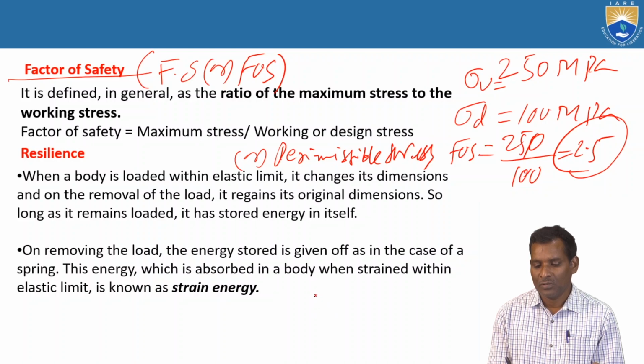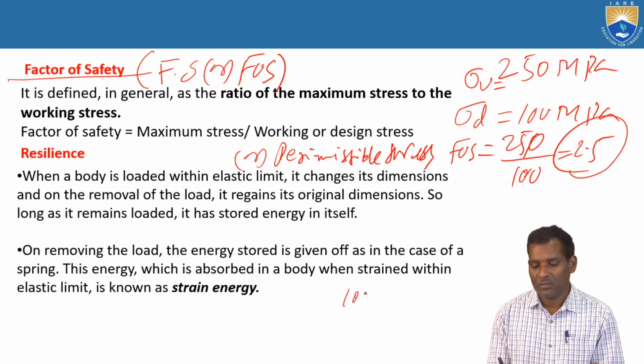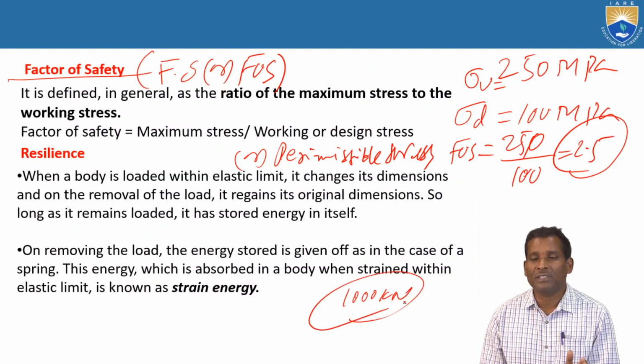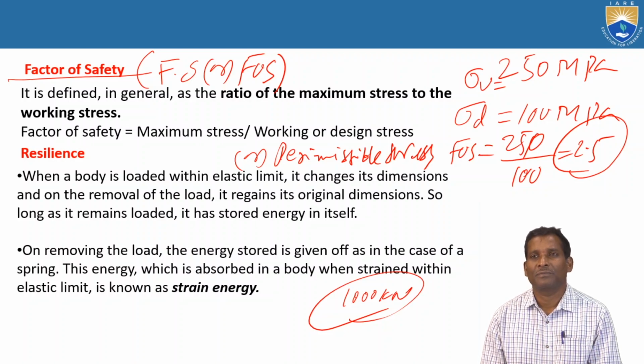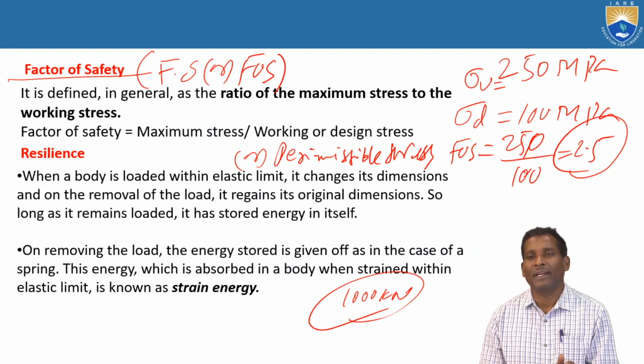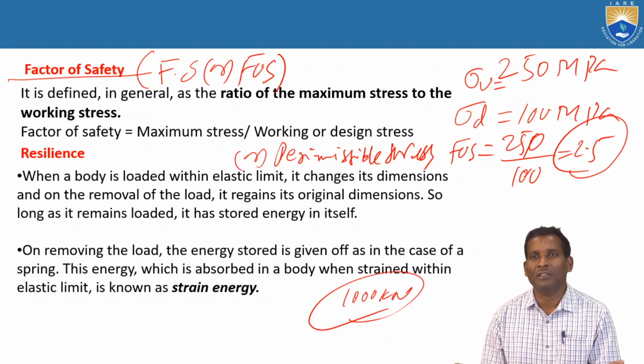Suppose the load is 1000 kilonewtons. It means the component withstands up to 1000, but you can't use 1000 kilonewtons. Only 900, 800, 700 you can apply. Beyond this 1000, if you apply load, the component will fail.